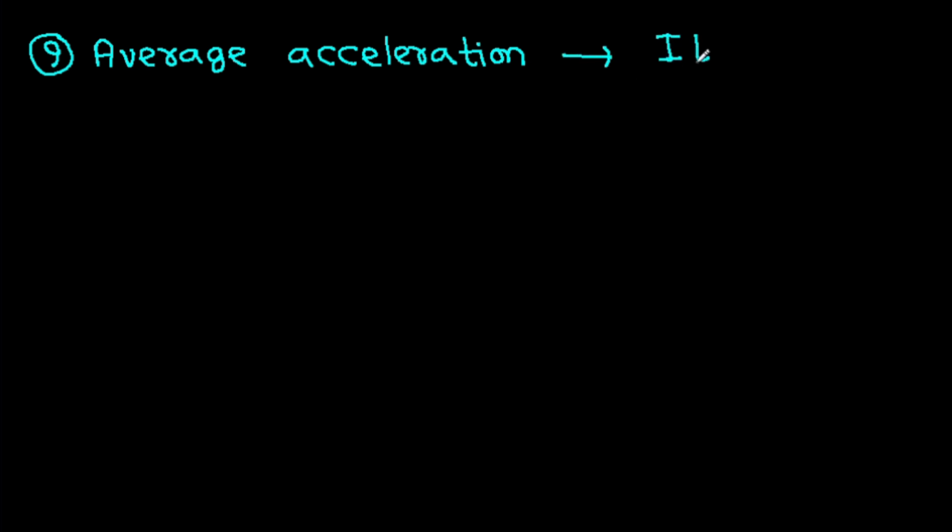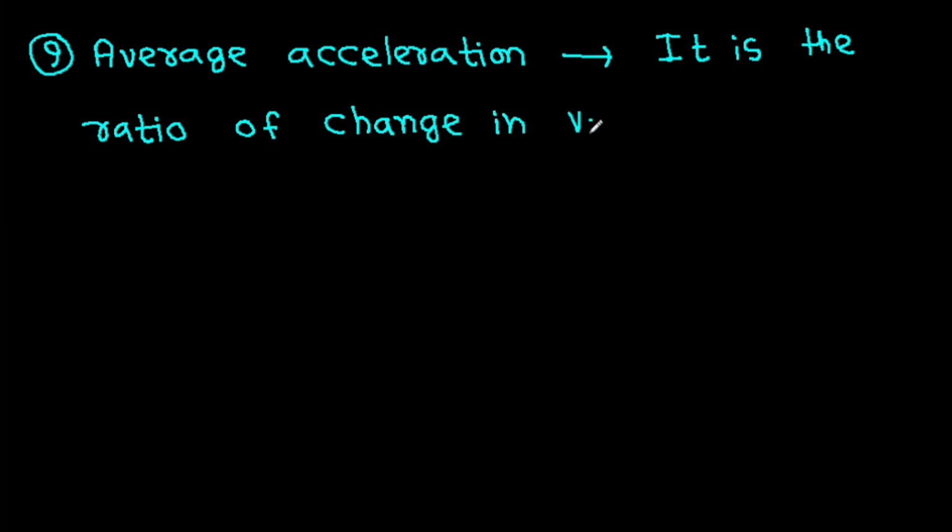Number 9, average acceleration. It is the ratio of change in velocity to the time taken.